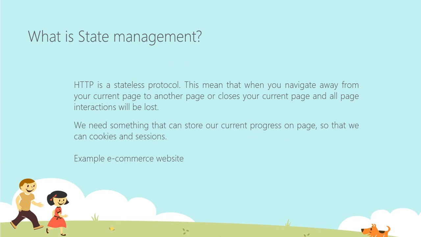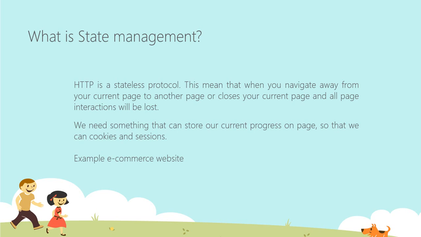Let's say you are on an e-commerce site, and you select some t-shirts or some shoes on your first page, and then you navigate to another page. When you come back to the first page, you notice that your pant or your shirt or your t-shirt, whatever you selected, is unselected, or it is not saved. Then it is a very hectic task for you to run such an e-commerce website.